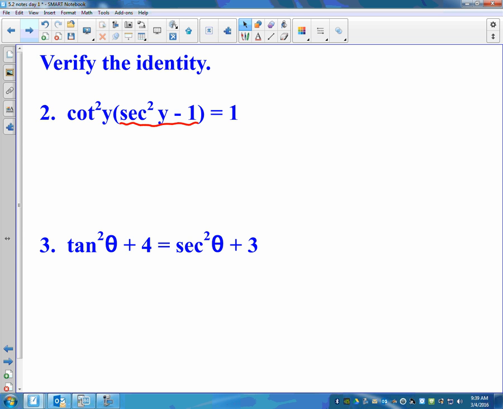If you see a Pythagorean identity or a form of a Pythagorean identity, you can substitute that in, and show me the work there, right? 1 plus tangent squared equals secant squared. So Lois says that you can just replace that with secant squared, and that's a true statement.